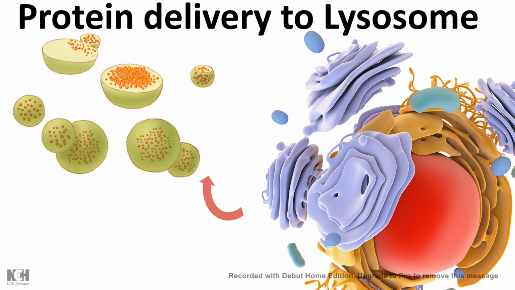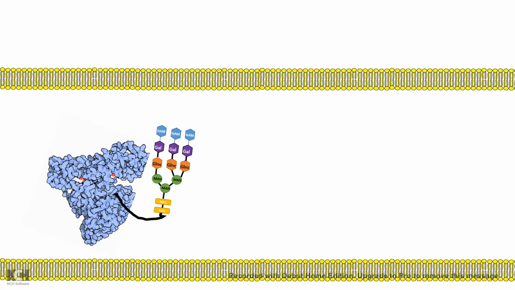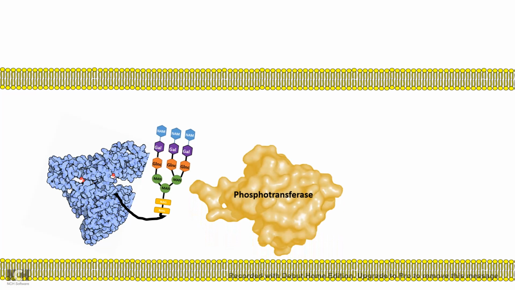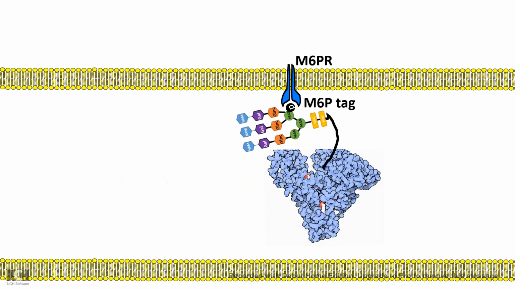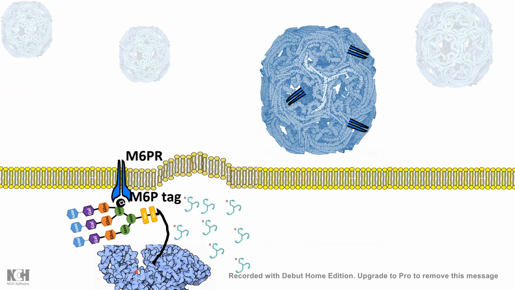We take an example of delivery of hydrolase enzymes into the lysosome. Now, the hydrolase enzyme has the basic tag. One modifier enzyme, known as phosphotransferase, attaches a phosphate residue on the mannose. This mannose 6 phosphate modification is going to be recognized by the mannose 6 phosphate receptor. Mannose 6 phosphate receptors work like a sorting signal.